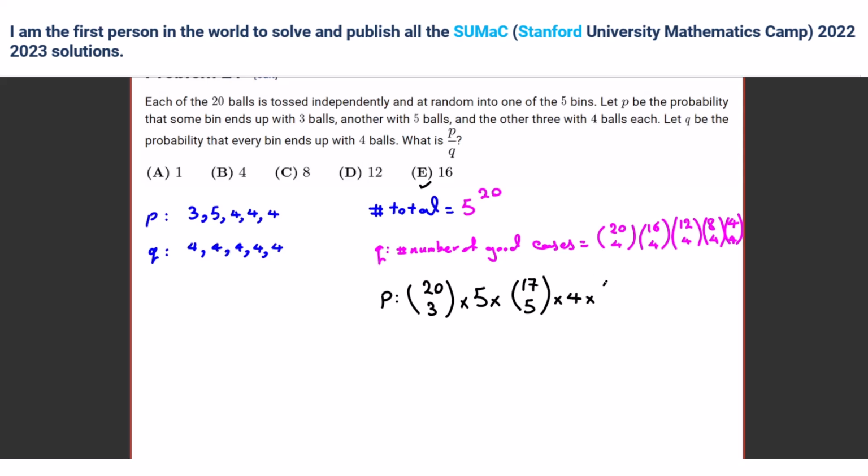And then 12 choose 4 times 8 choose 4 times 4 choose 4. Yes, here we have again 3, 2, 1, but at the end we should divide by 3 factorial, so it would be this, right?